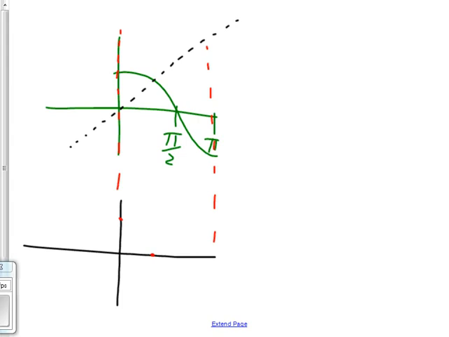Okay. The old one went through pi over 2, 0, so this would be 0, pi over 2, which should be like up about here. So it's going to start down here, go through here.